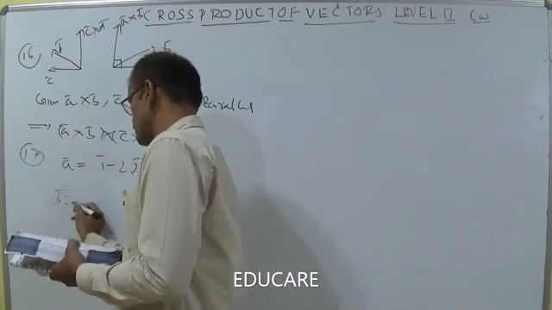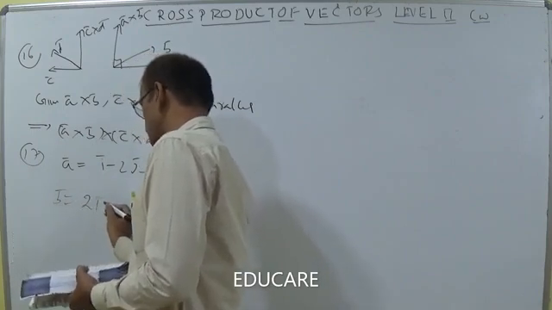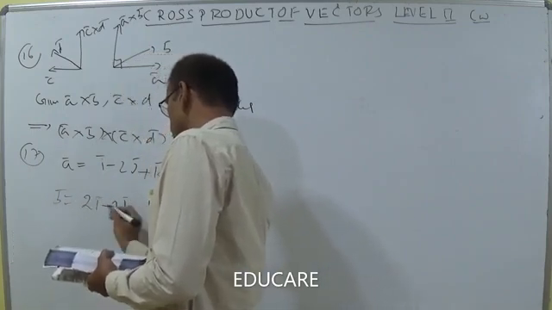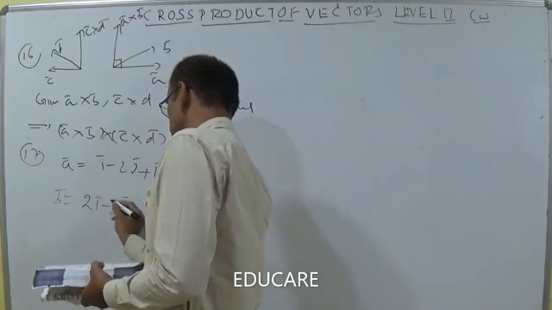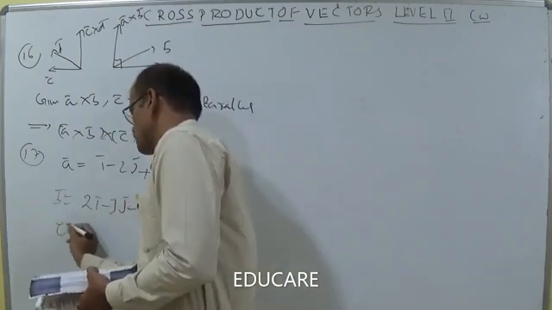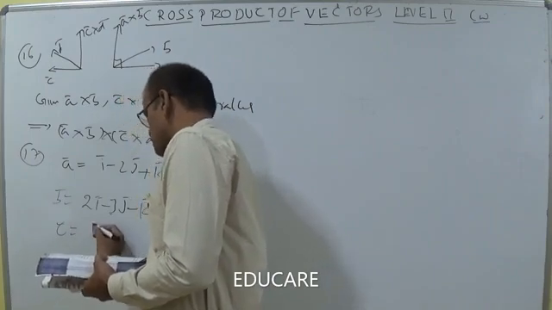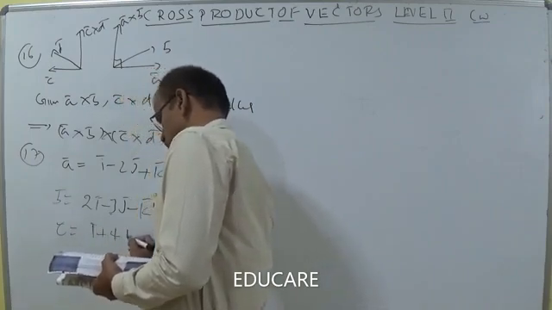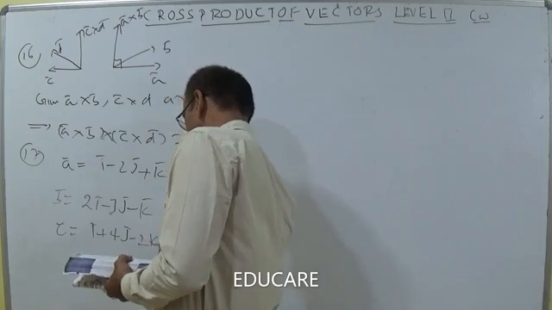Now b bar is equal to 2i minus 3j minus k, and c bar is equal to i plus 4j minus 2k.